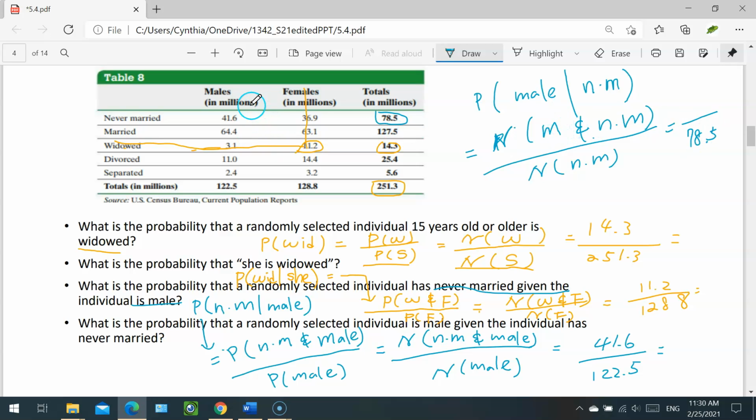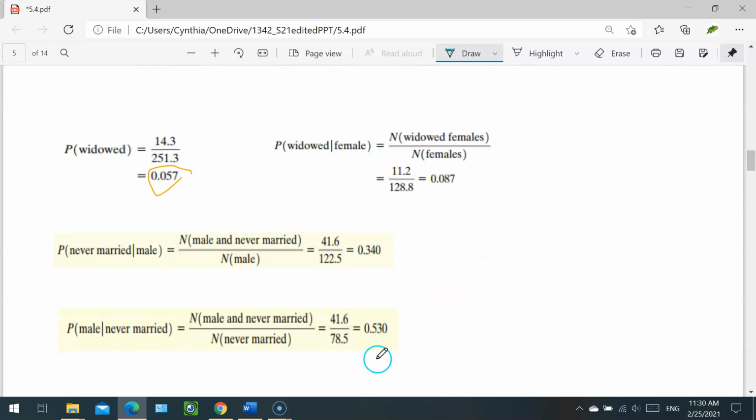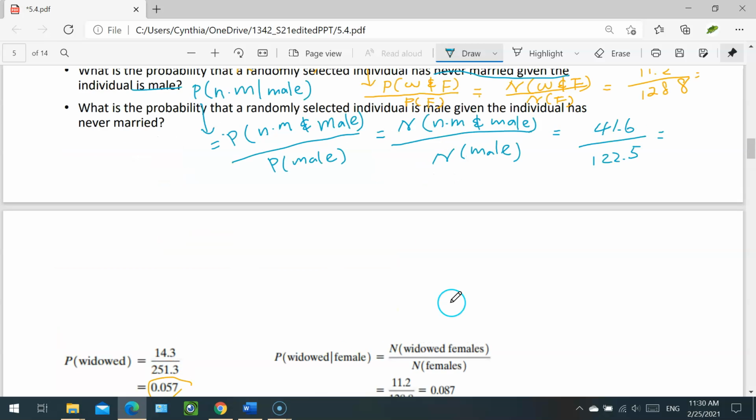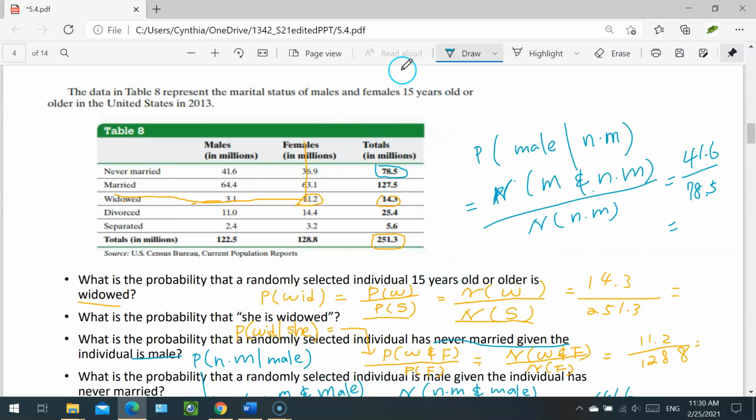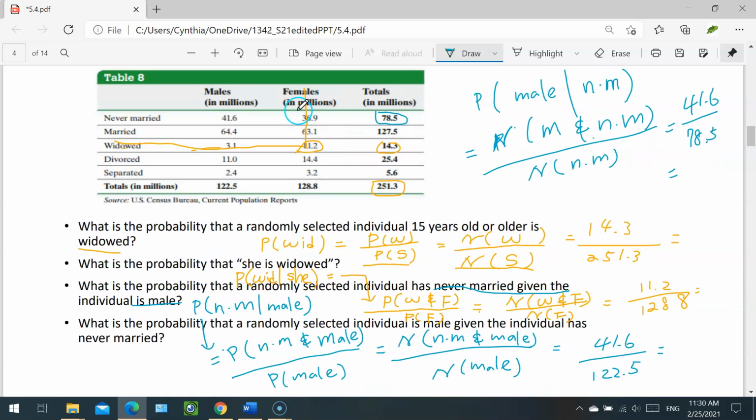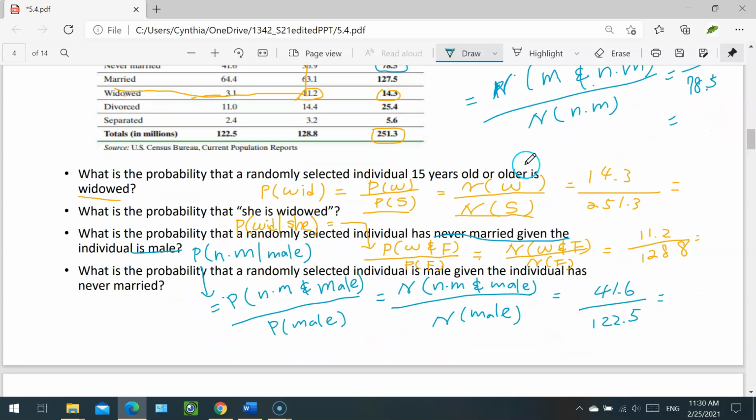The male never married is 41.6. So divide these two, and you get 0.530. So this is the idea. You are looking for the conditional probability, and there is a good chance you will see a table like that.